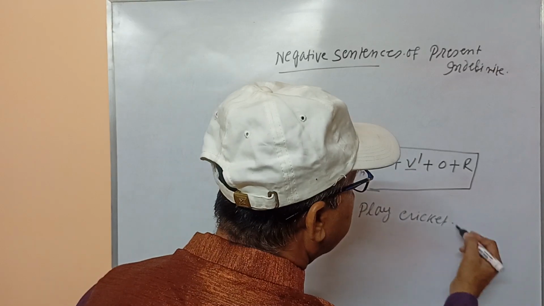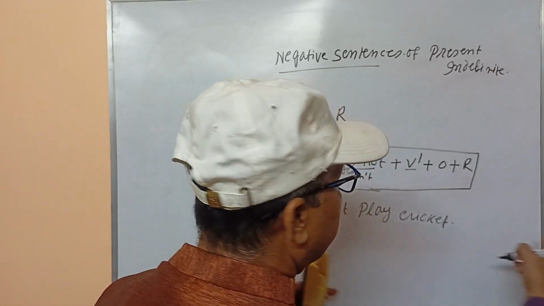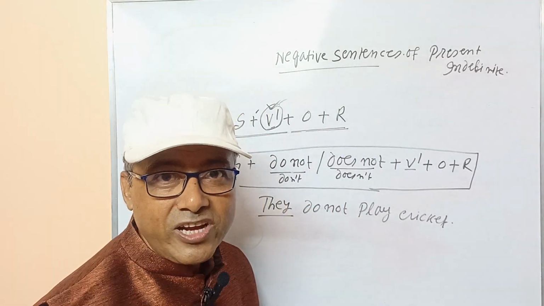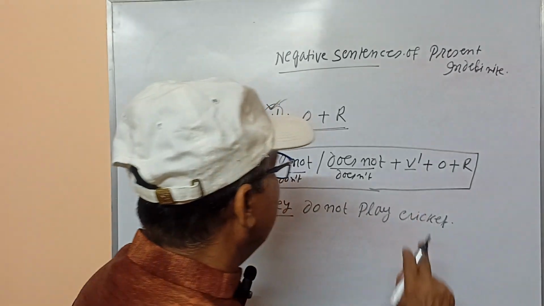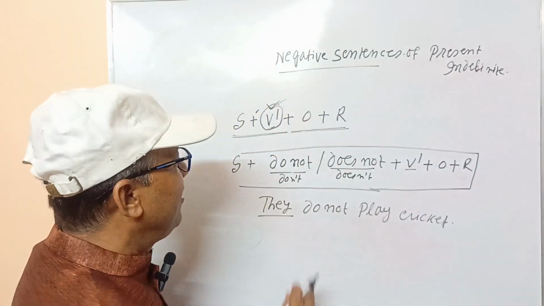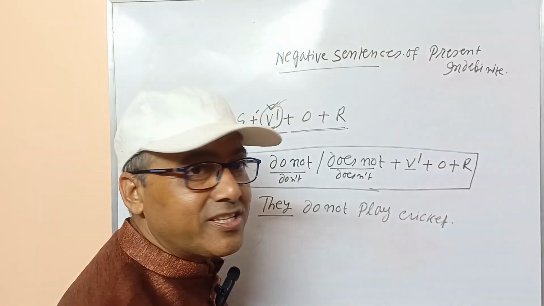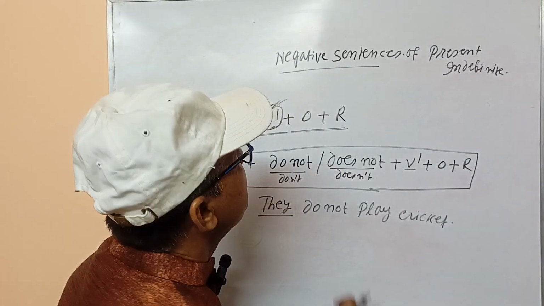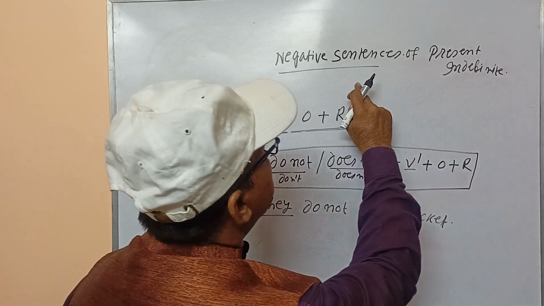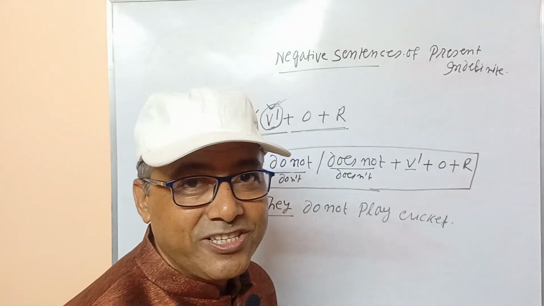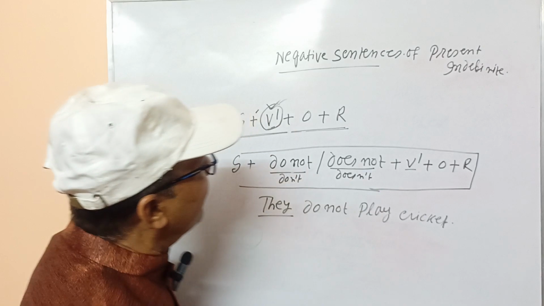Again, you can increase if you want. They do not play cricket in the morning. All right. So in this way, just following this formula, we can create many negative sentences of present indefinite. Clear it is? All right.